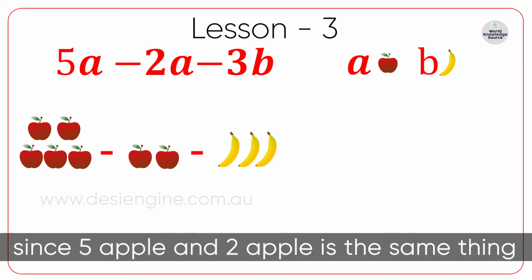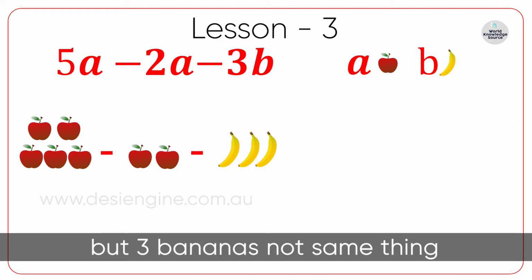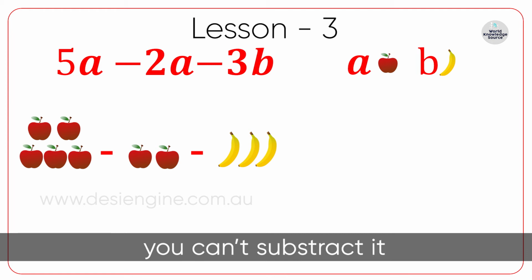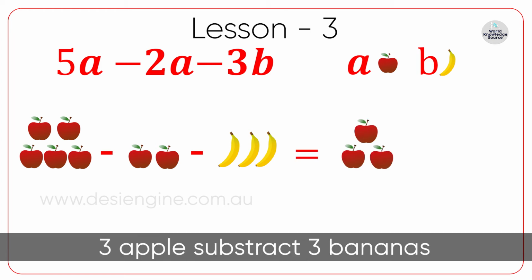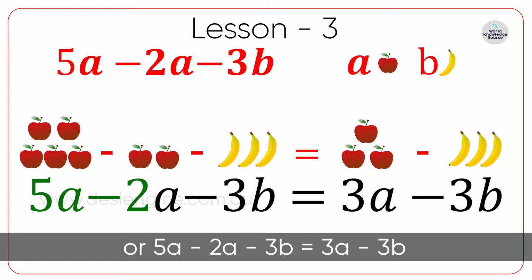Since 5 apples and 2 apples are the same thing, we can subtract them, but 3 bananas is not the same thing, or alike terms. You can't subtract it. So the answer will be 3 apples subtract 3 bananas, or 5a subtract 2a subtract 3b equals 3a subtract 3b.